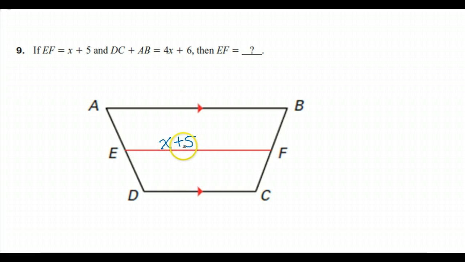That's EF. And then let's see. Okay, they say DC plus AB is equal to 4x plus 6. And I'm supposed to find the value of EF.